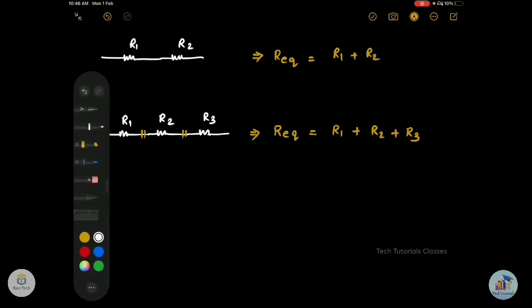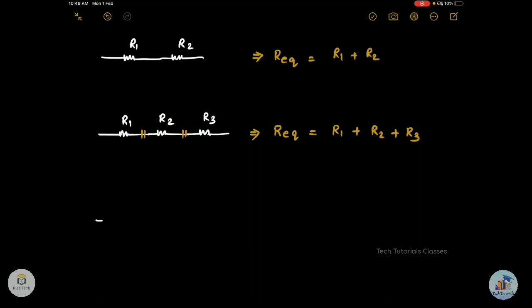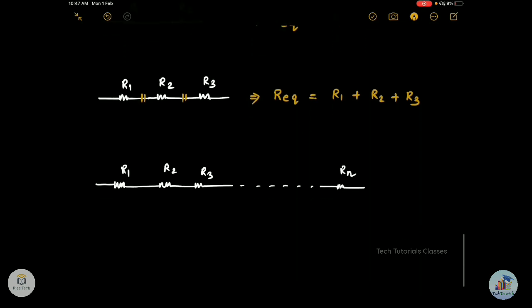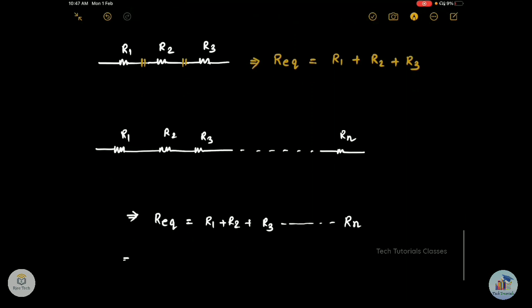If I generalize this, suppose I have R1, R2, R3, and so on, and the last circuit element be Rn. What will be the equivalent resistance? R equivalent would be equal to R1 plus R2 plus R3 up to Rn.